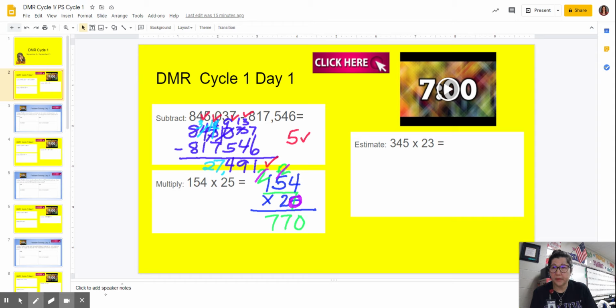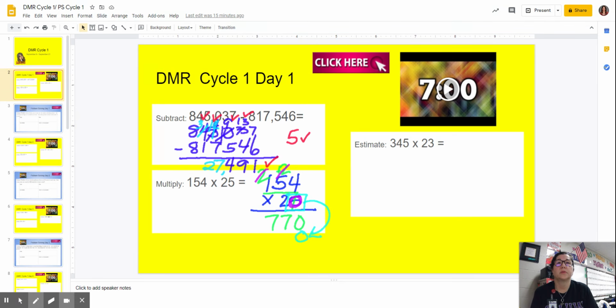The first thing I'm going to do with my 20, we're going to take the 0 in the 20, put it in our trailer box, and trail that straight down to the second partial product. The ones place in the second partial product is always going to be 0.